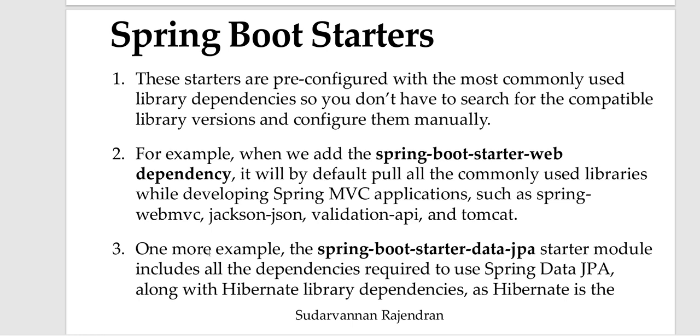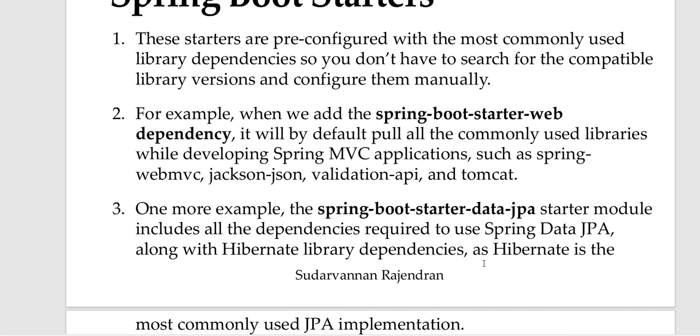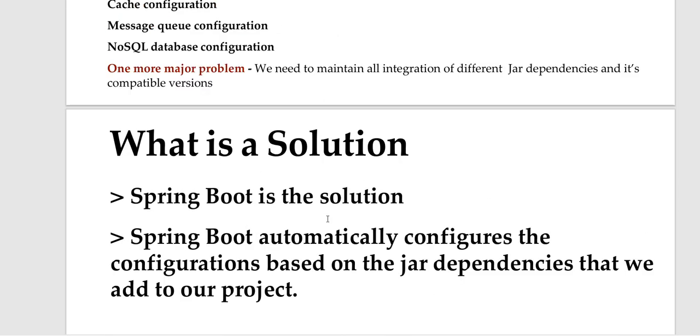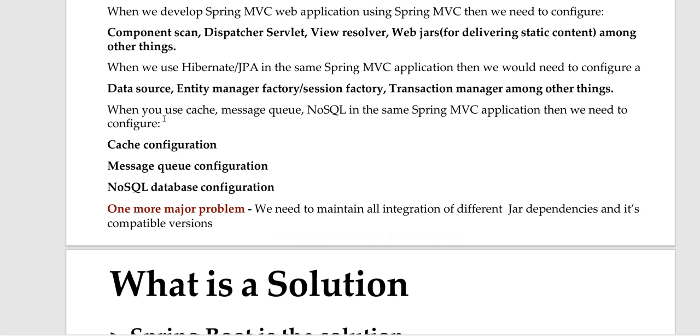And one more example, if we use the Spring Boot starter data JPA, it will pull the libraries required for Spring Data JPA along with Hibernate library dependencies, which is most commonly used for JPA implementation. So this dependency, Spring Boot starter data JPA, reduces the above work.